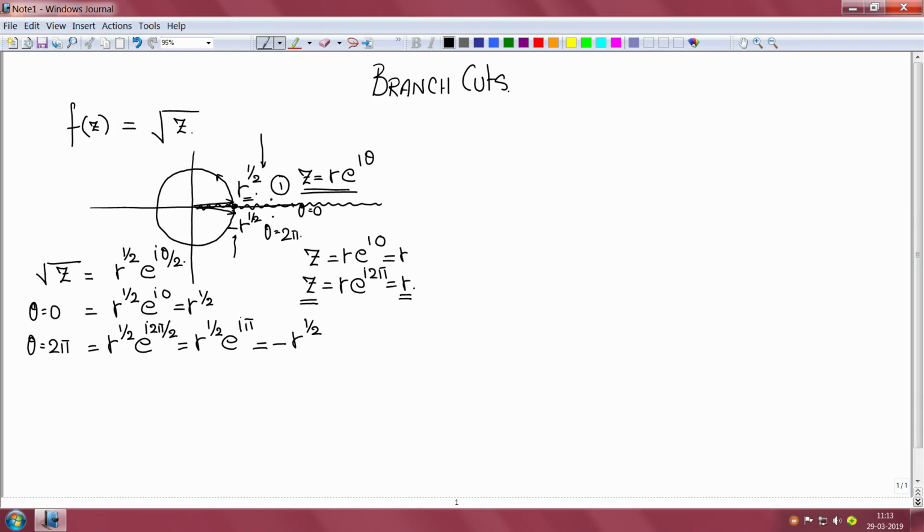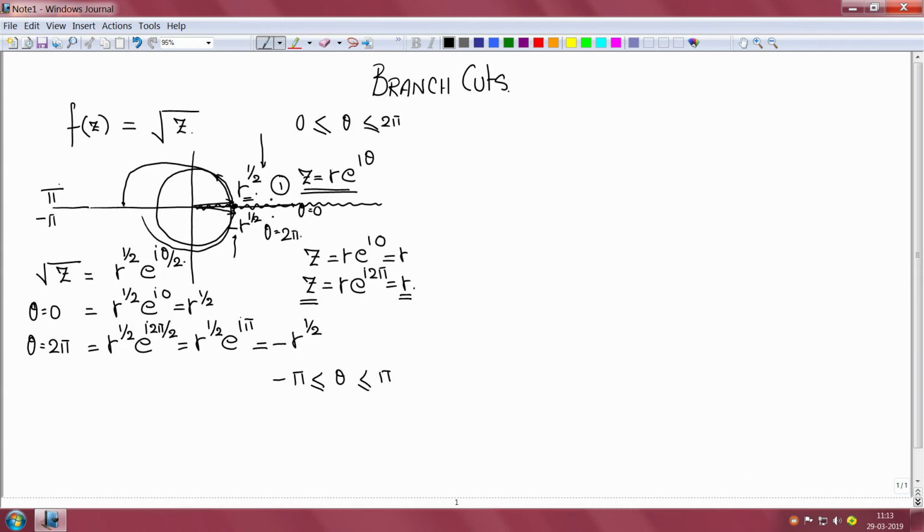Now based on the values I choose for theta limits, here theta is going between 0 and twice pi. Theta can go from minus pi to pi also. We have minus pi over here, and theta can go full circle and come back above, which is pi.